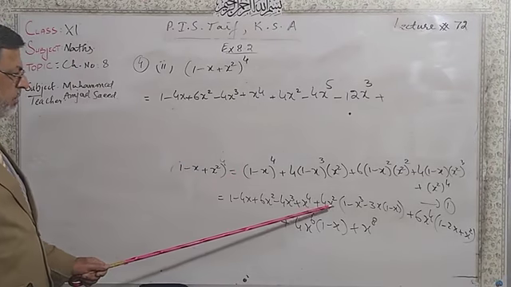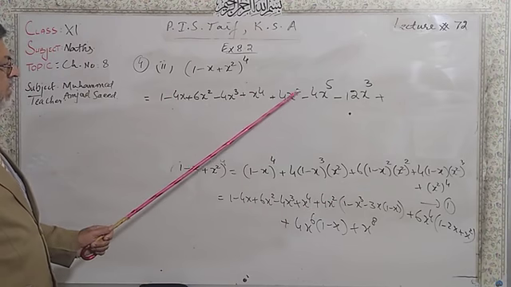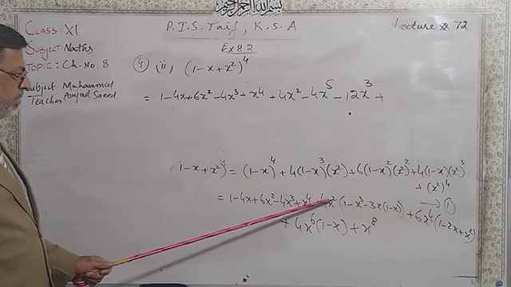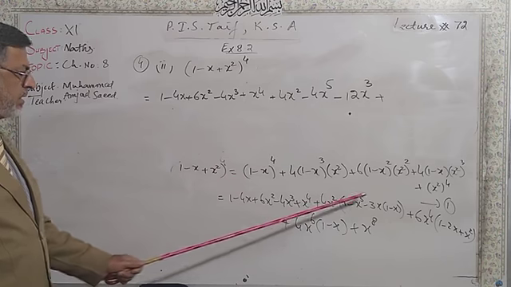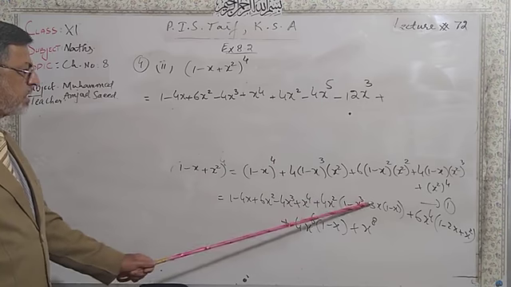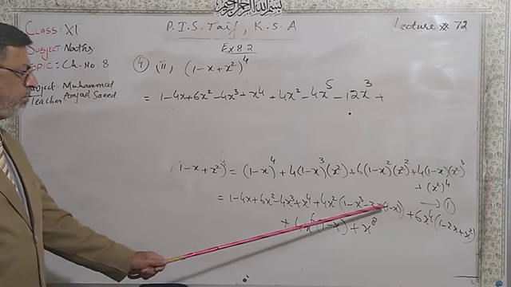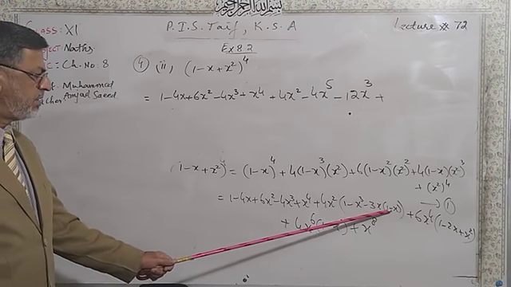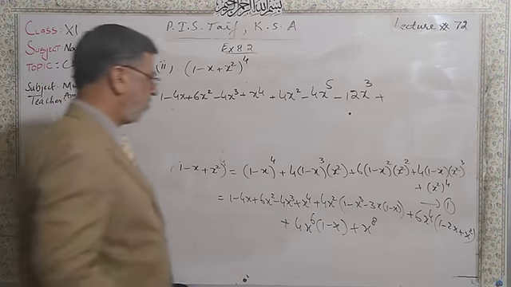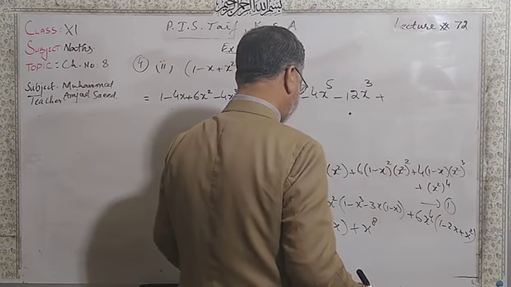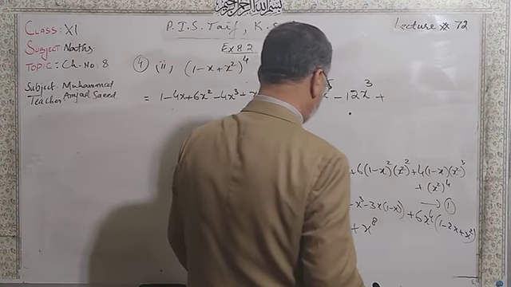Minus 12x cube, 4x square with 1, then minus 4x5, then minus 12x cube, then plus 3x square into 4x square. What will be plus 12x4?